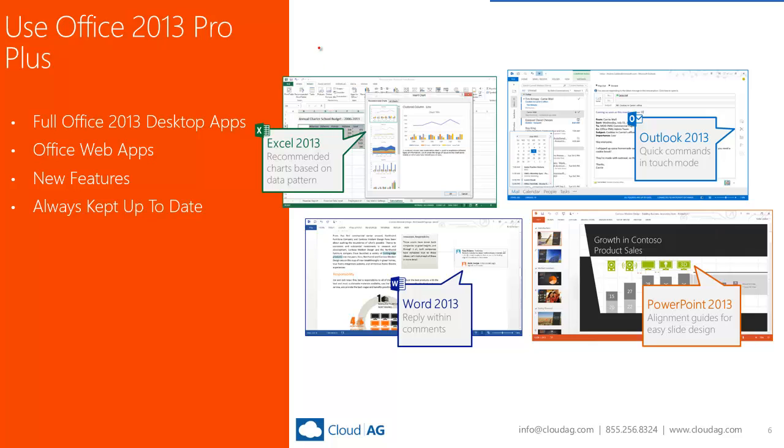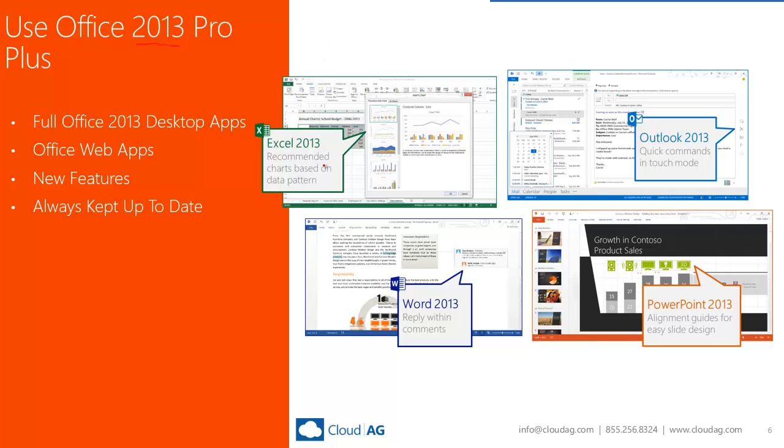The next slide talks about using Office 2013. People have been running different versions of Office in their environments many times, or they may be all the way back on 2007 and certainly 2010. And we find that even some of our clients who have a subscription to the 2013 version of Office may not have actually deployed it. And there's lots of good reasons to deploy it.